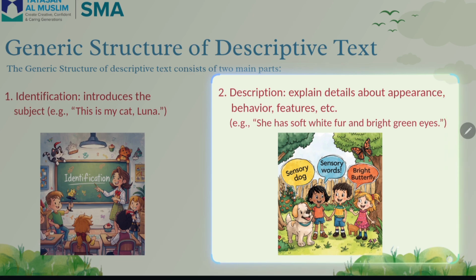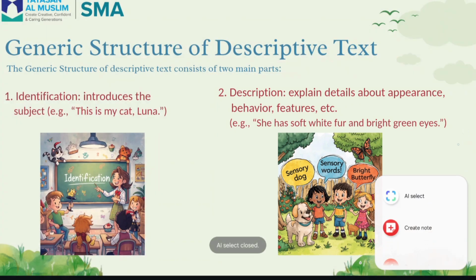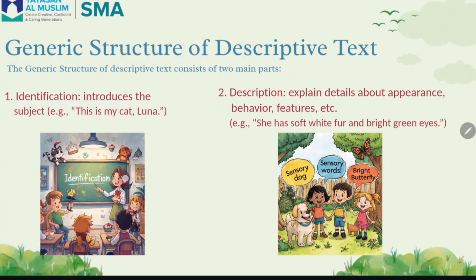Usually we can see the description in the second, third, or fourth paragraph of the text. But sometimes we have not only two paragraphs, but more paragraphs than that.